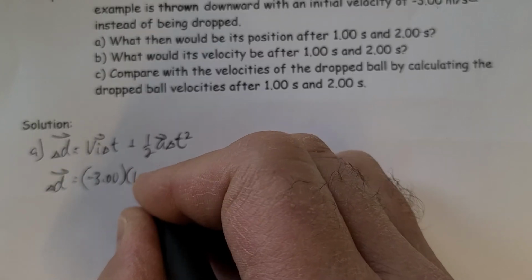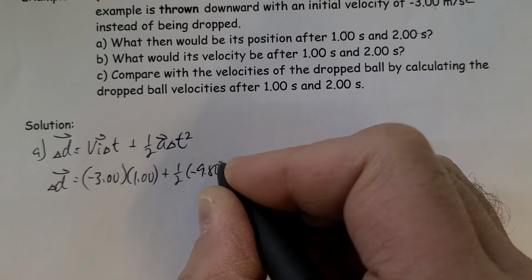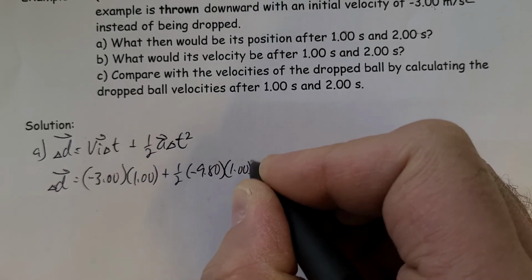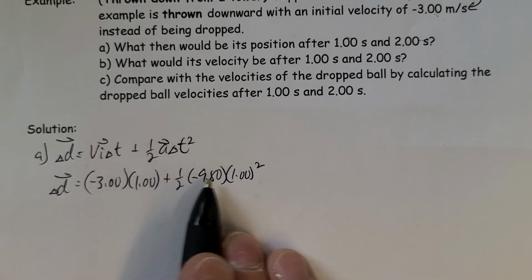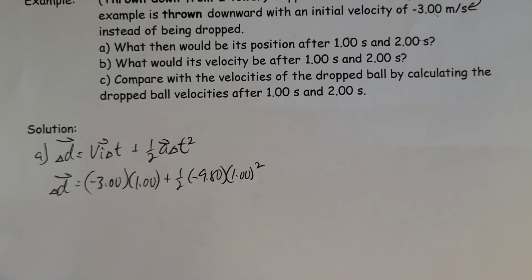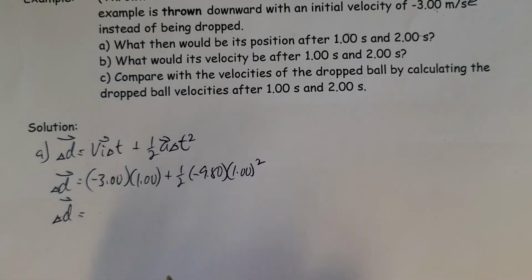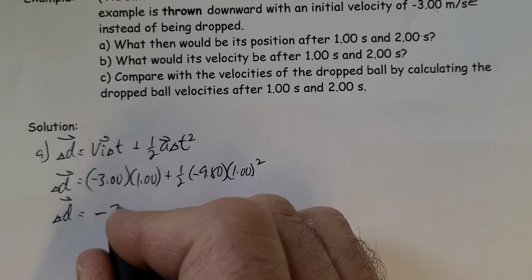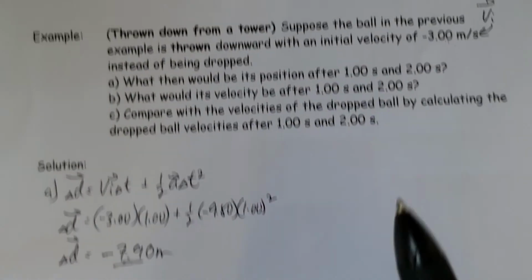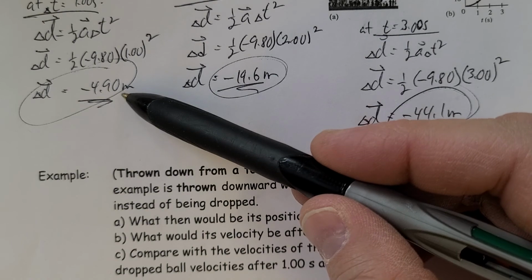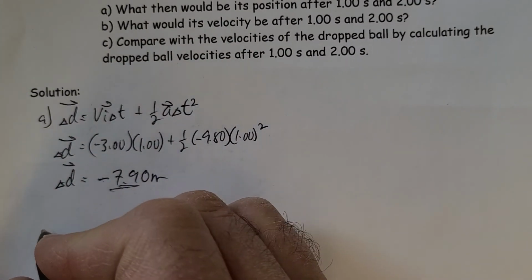So at the end of 1 second is what I'm going to be calculating here. Be careful doing this. BEDMAS, make sure you do the exponents before multiplying that out. Multiply this out, add it all up. To save space, I'll jump to the final answer: negative 7.90 meters. So compared to being dropped, negative 4.9 meters, I've gone negative 7.9 meters.